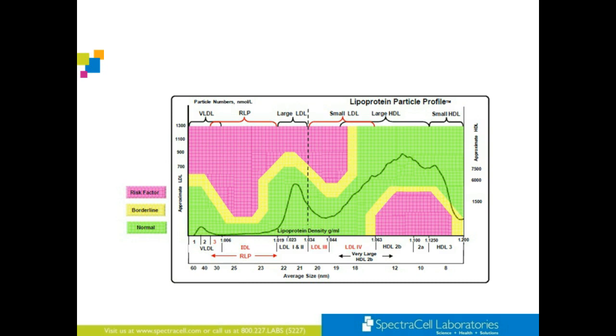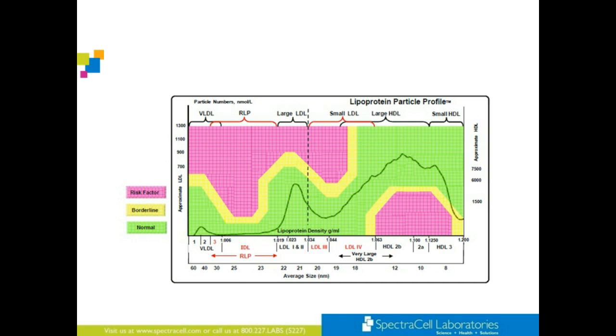And as a result, that black line, we want it to be in the green. Now, the left lower corner, the small peak, that's more or less representing the triglycerides. And as you know, triglycerides are very numerous on the VLDL lipoprotein, and so you can see that. Then you can see right next to that on the bottom of the slide, you see the RLP, also known as the intermediate dense lipoprotein, but in this case remnant lipoprotein.